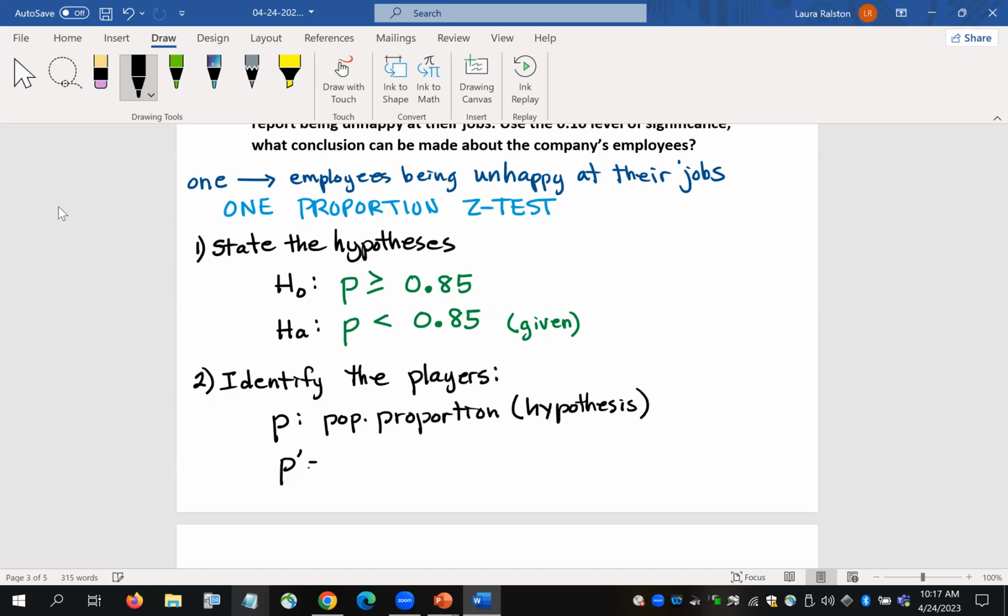P prime, remember Minitab calls that the number of events. That's your success. N is the number of trials according to Minitab. Whoops. Sorry.